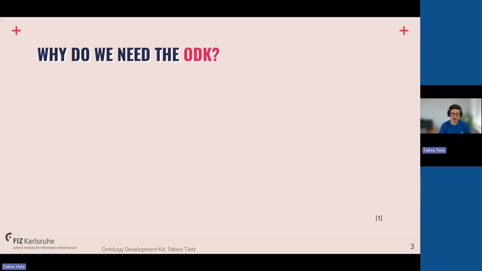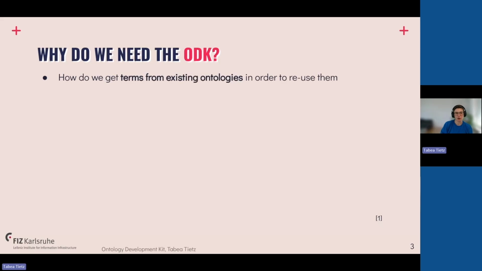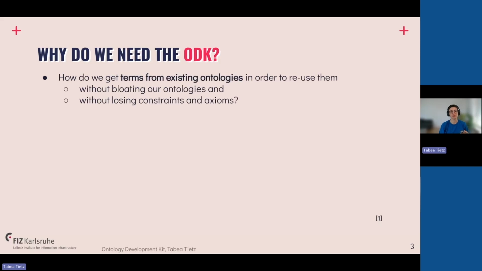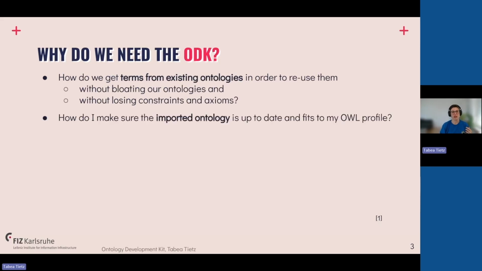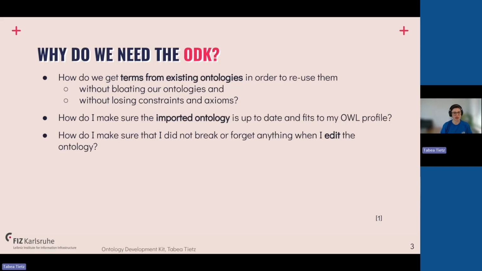But why do we even need ODK? We asked ourselves, also in the team, when we started developing ontologies, how do we get terms from existing ontologies to reuse them, but we don't want to bloat our own ontologies, and we don't want to lose the constraints and the axioms? And how can we also make sure that the imported ontologies are up to date and fit to the OWL profile that we use? How do we make sure that we don't break anything or forget anything when we edit the ontology?